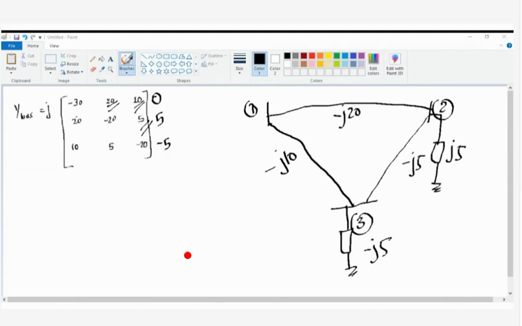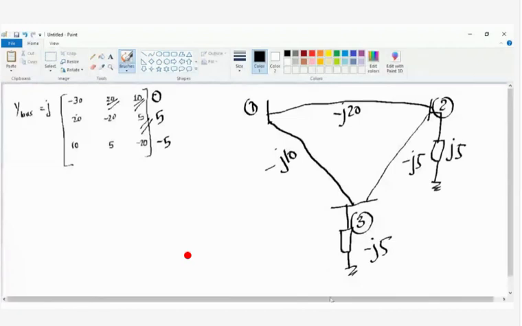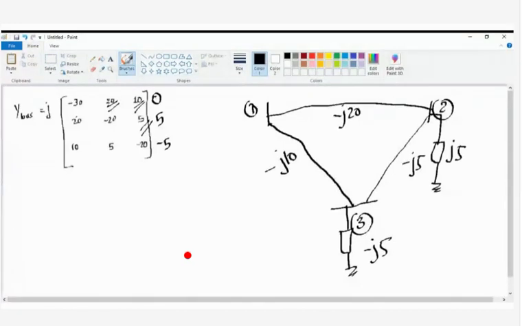Okay, good. Well done, dear. So can you tell me what is the nature of the shunt connected at node number 3? Good. Node number 3 is inductor. Good.